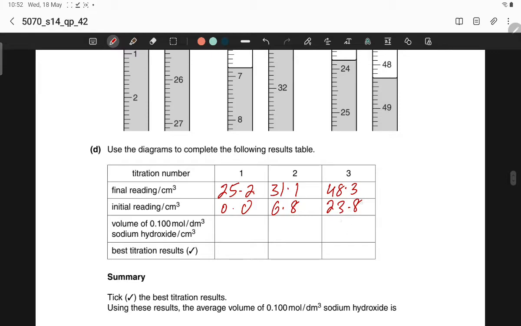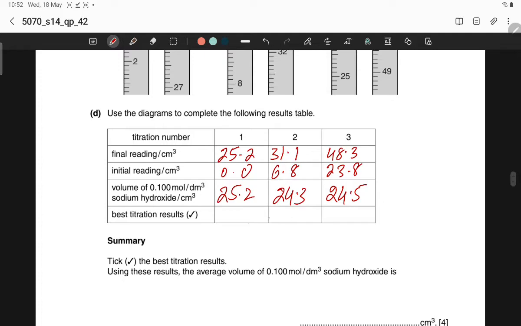After subtracting initial from final reading, we get 24.5, over here 24.3 and 25.2. Select the best titrations, which have the smaller difference out of the 3.